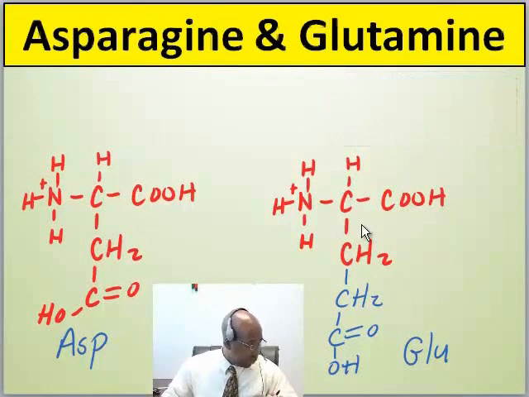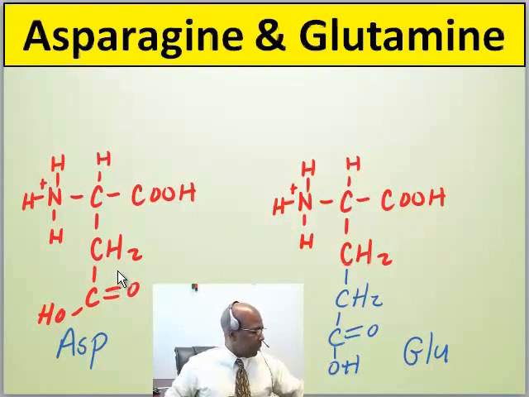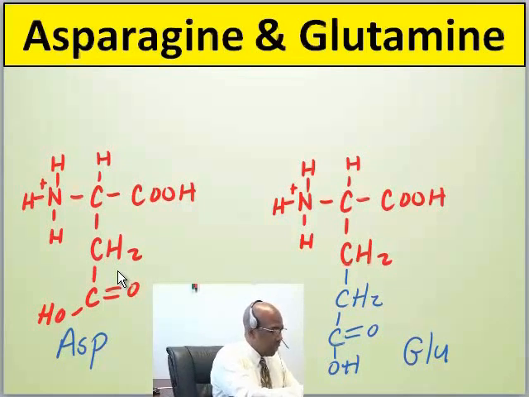Now all we have to do to convert aspartic acid into asparagine, make sure I don't miss this here. Where's my sheet? So I want to make sure I don't have to redo this.